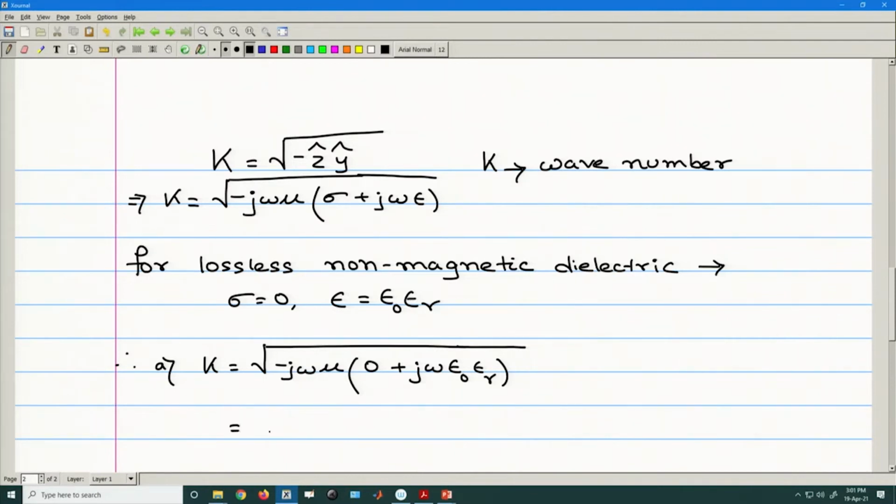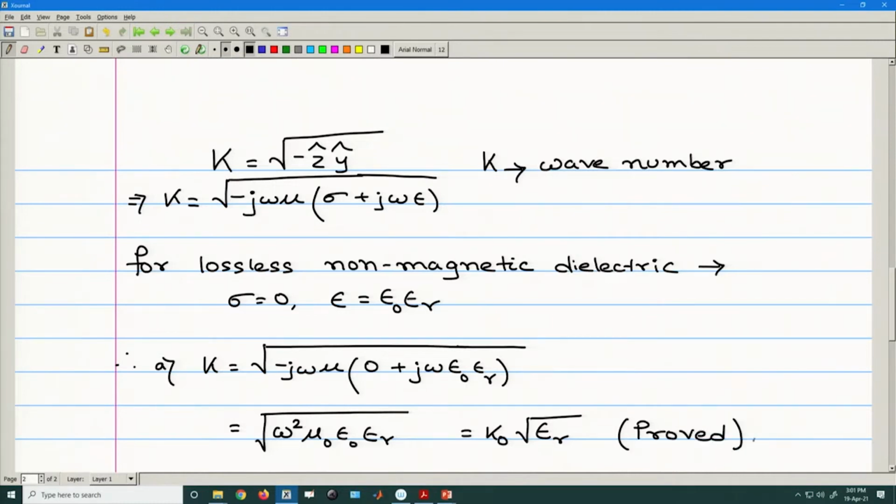That gives us omega square mu naught epsilon r, square root, that is equal to k naught root under epsilon r. So see, we get k equals k naught root under epsilon r. The first thing is proved. Fine.